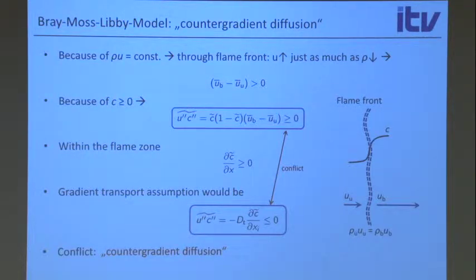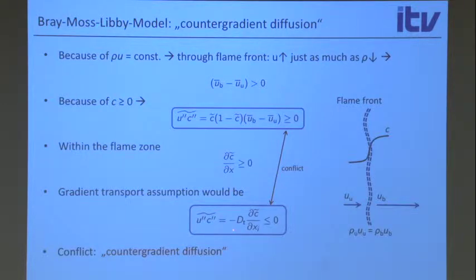Now, let's see what would have happened if we had used a gradient transport assumption for the flux. Gradient transport says minus diffusivity times the gradient. In this case, the gradient is larger than 0, it's positive. The diffusivity is always positive, but it has a negative sign.